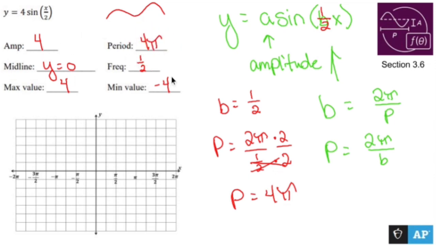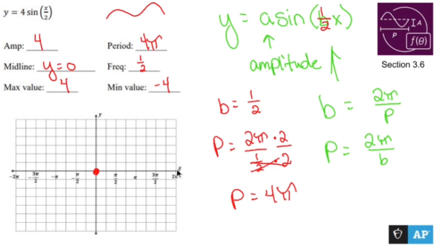Now, given all this information, it's time to graph this out. Sine starts out at 0, 0. Since I'm not shifting this left or right, and I'm not shifting this up or down, it starts still at 0, 0. Everything repeats at 4 pi. Now I don't have 4 pi to take it to.